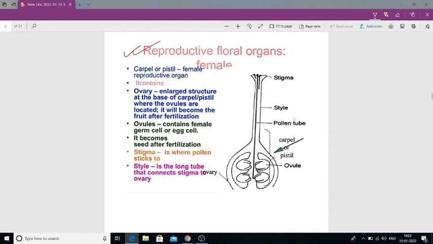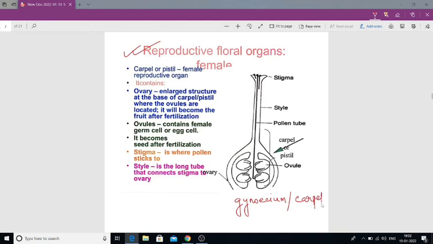This is the female body of the flower, which in proper biological language we call the gynoecium, or in common language the carpel.